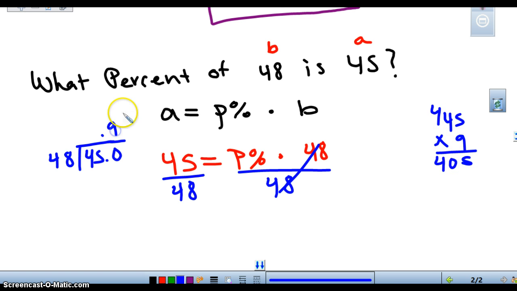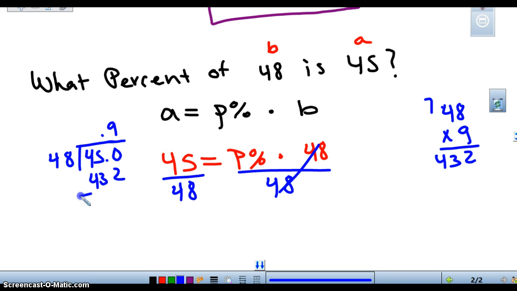Right? 48 times 9: 9 times 8, 9 times 4, 36, 37, 38, 39, 40, 41, 42, 43. So about right, 432. 4 minus 3 is 1.